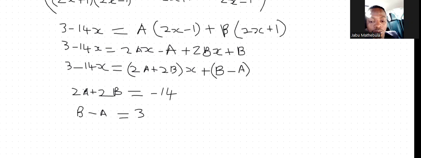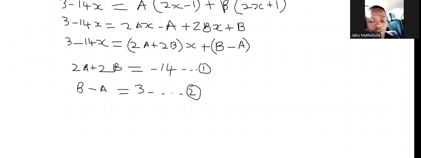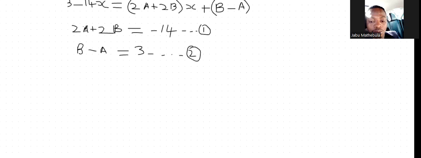Okay, let's call this one equation 1. Let's call this one equation 2. All right, let's continue. Here, I can take the a to the other side. It's gonna become positive a. And then I can take the 3 to the other side. It's gonna become negative 3. So I can call this one equation 3.